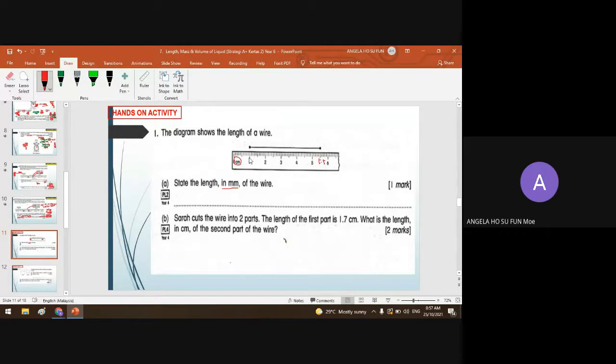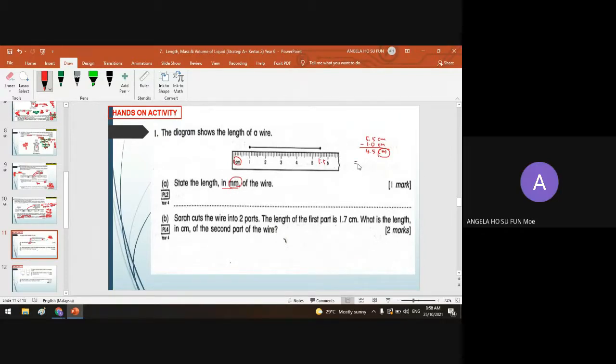You have to minus this 1. 5.5 cm minus 1 cm, and 1 cm is 1.0, right? So your answer is 4.5 cm, but you still cannot leave your answer in cm, because they want the answer in mm. Anyone can tell me?